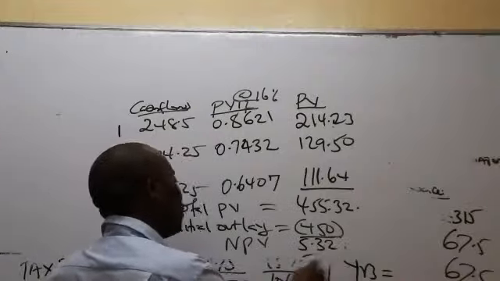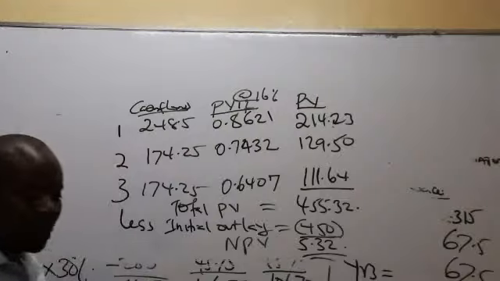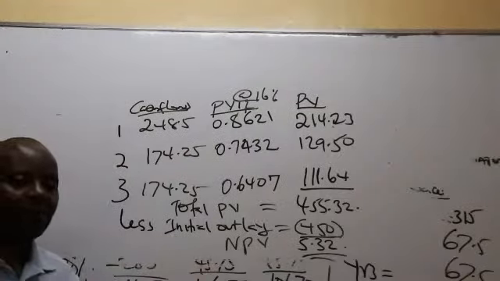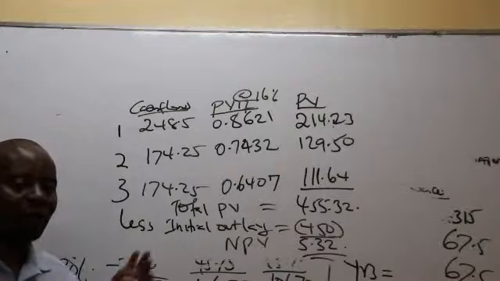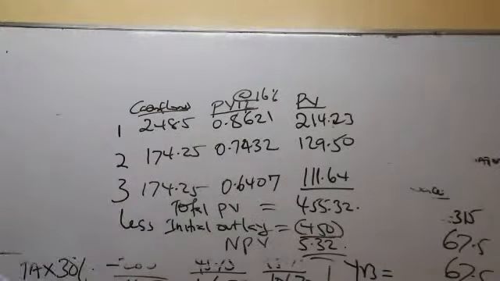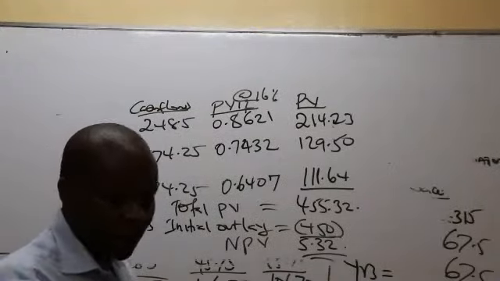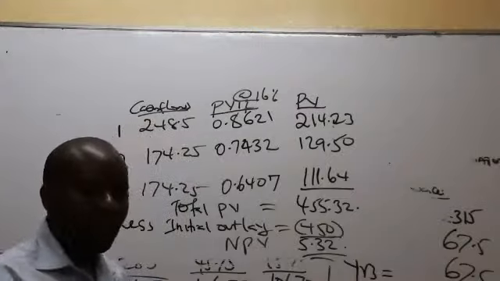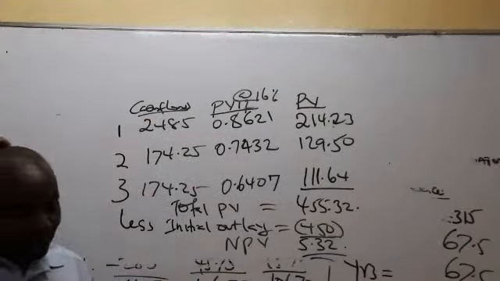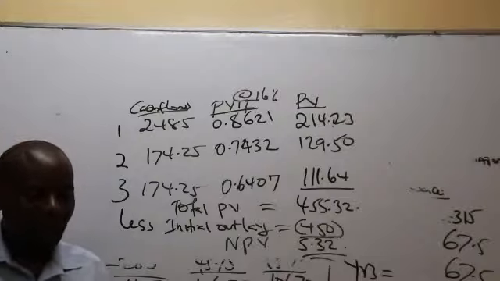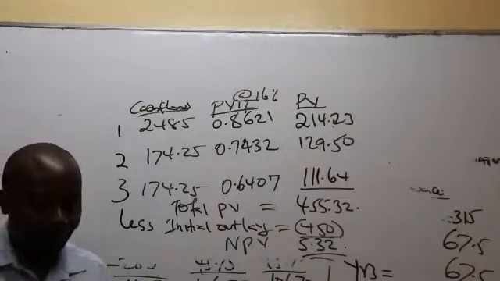Now allow Mwalimu to remind you something here. What if we had a scrap value of 10 in this question? Here on this table, how would you have addressed the issue of 10? If at the end of the third year there's a scrap value of 10, how would you have handled that 10?